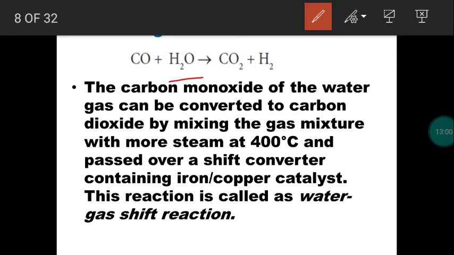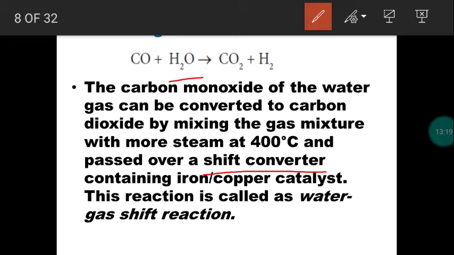So already we have obtained a mixture of carbon monoxide and hydrogen, the synthetic gas or syngas or water gas. We are going to pass steam at 400 degrees Celsius over a shift converter, right? So this is going to shift carbon monoxide into carbon dioxide.